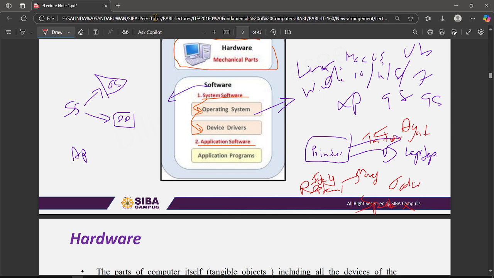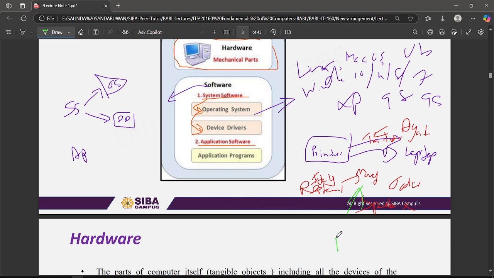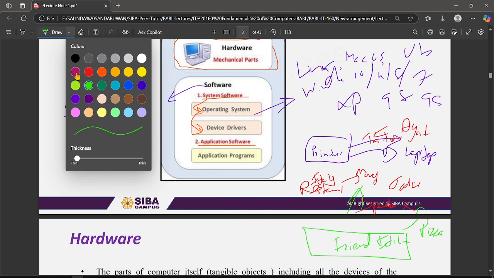In that case, you have a friend of yours who can understand the Italian language. He or she will help you to buy a pizza or something. So here the friend acts like a device driver.